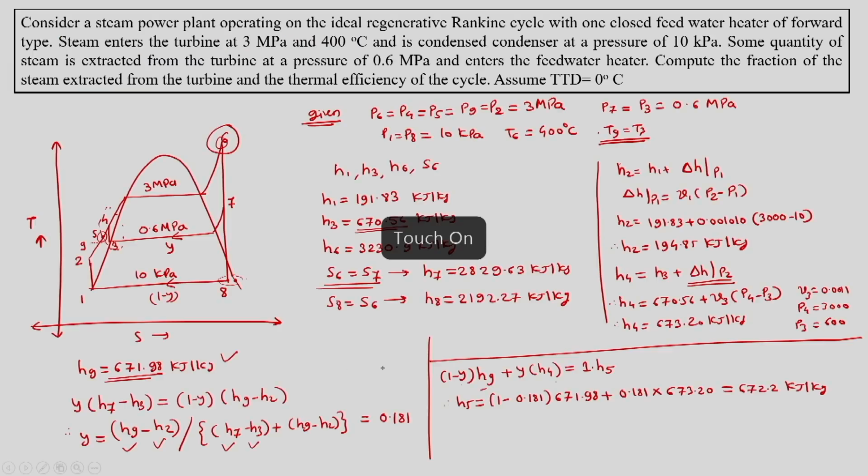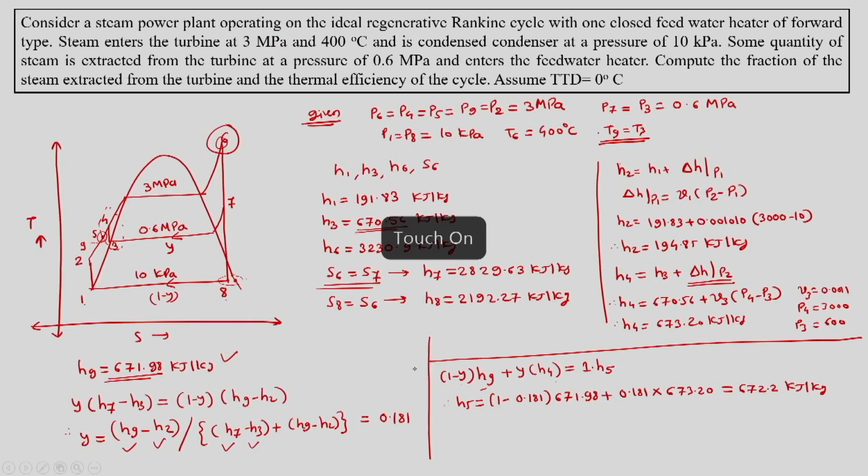H6 is known, it is 3230.9 minus H5, which is 672.2, and this gives us 2558.7 kilojoule per kg.